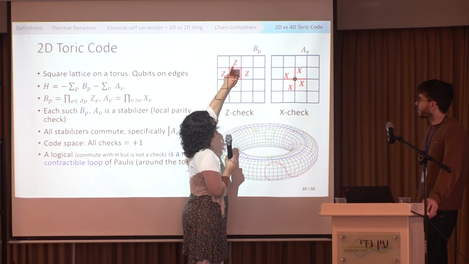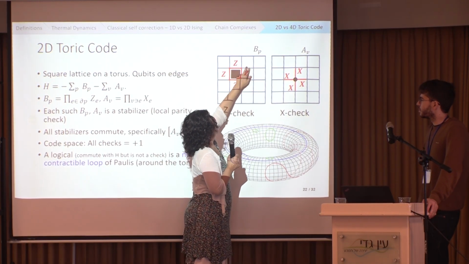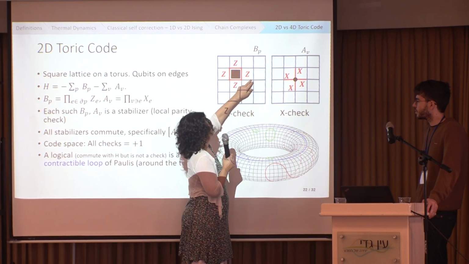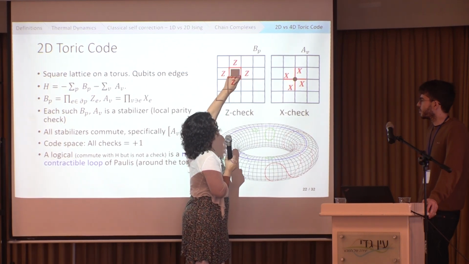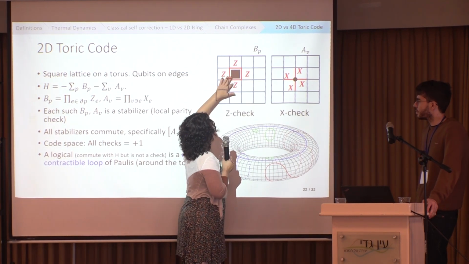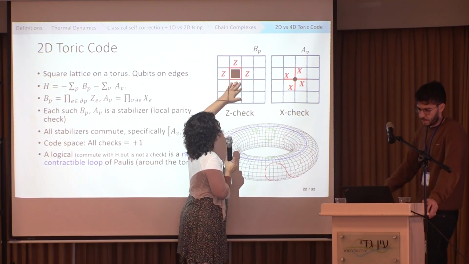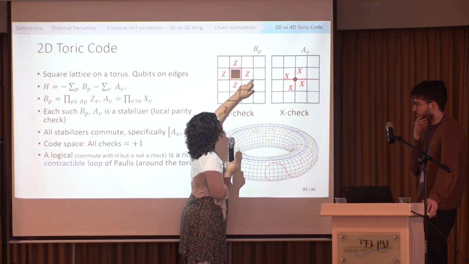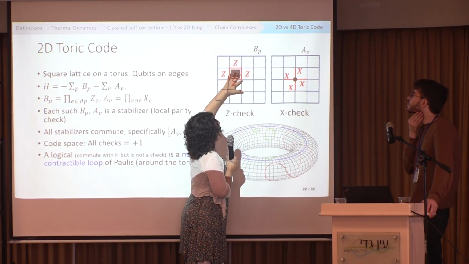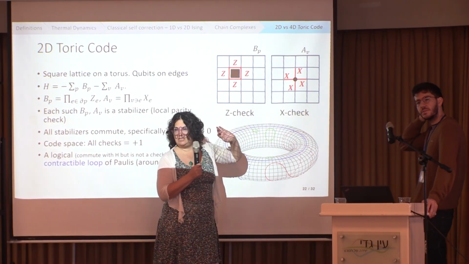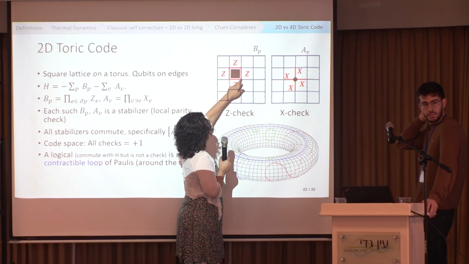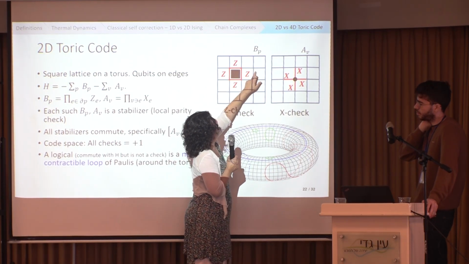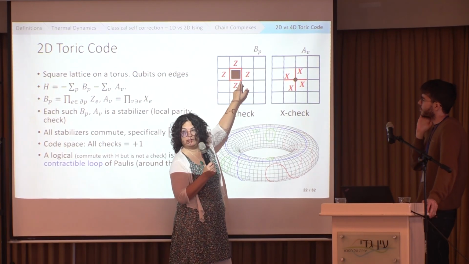But now we can apply it again, and again. If we apply all of these one after another, the Z's on the shared edges cancel each other. So the result is basically applying a Z along a boundary, along a loop.